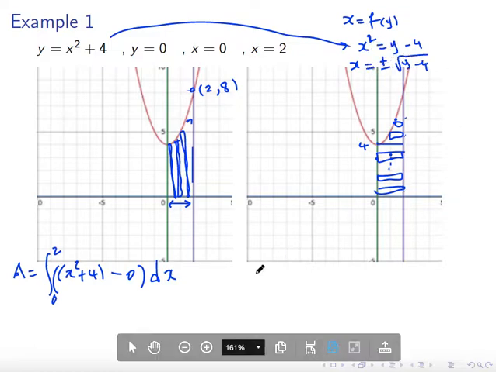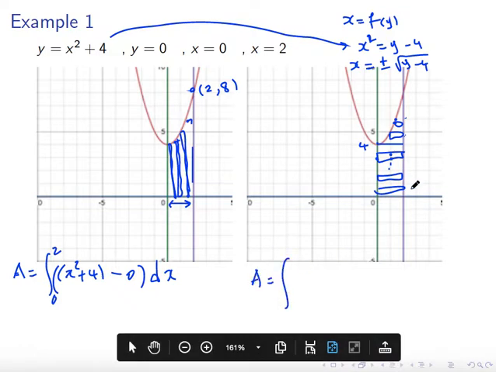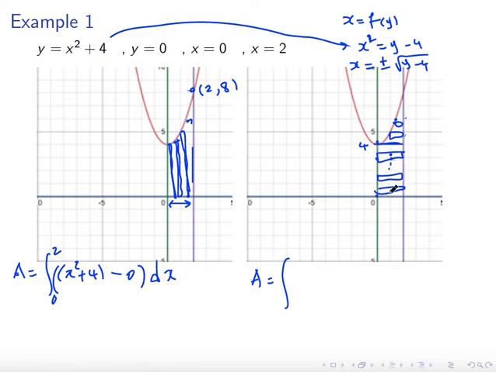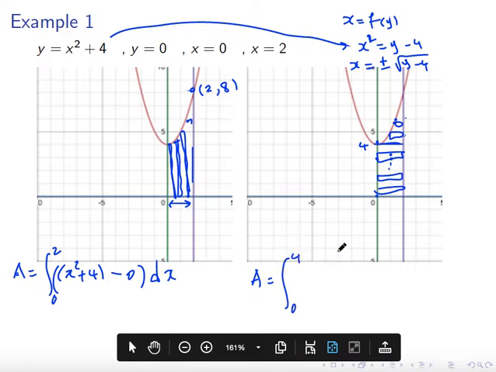So now when I set the area here, first I set from here to here, so y is moving from 0 to 4, or if it's easier for you to think, the horizontal rectangles are moving this way from 0 to 4 first, and I have the purple line which is 2 minus the green line which is 0 dy.